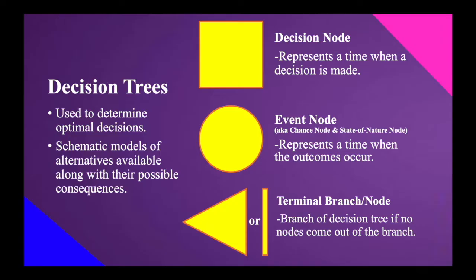This is the branch of a decision tree if no nodes come out of the branch. Meaning, this is the end. It doesn't branch down or to the right anymore, because we look at decision trees horizontally. When it no longer branches, that is a terminal branch or node, represented by a triangle or vertical line. I hope that is clear, guys.